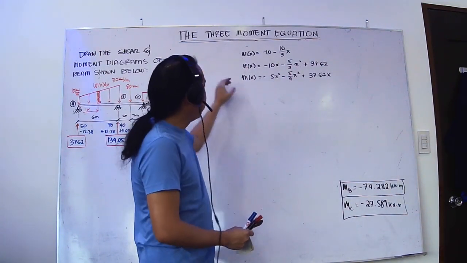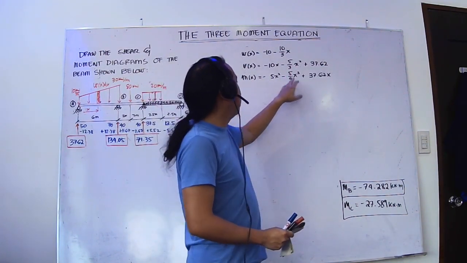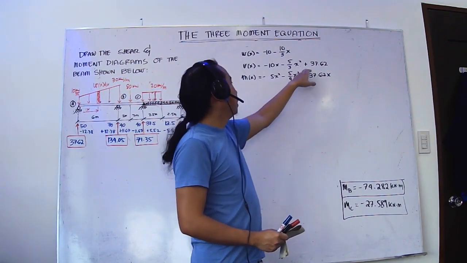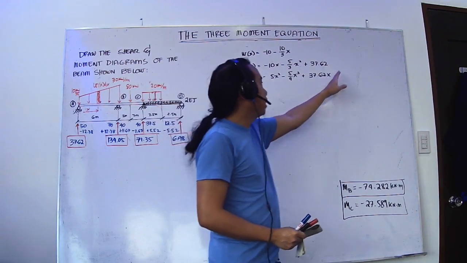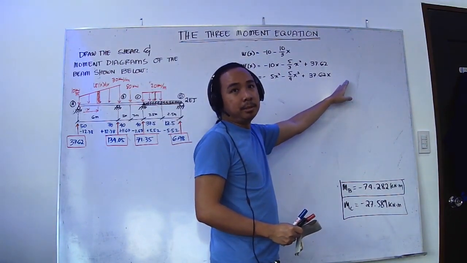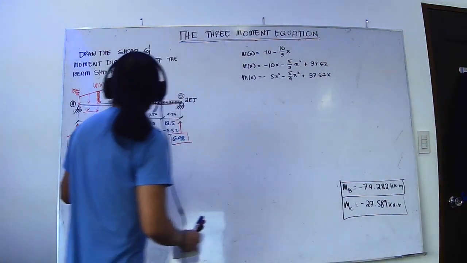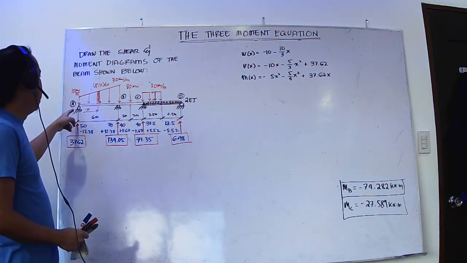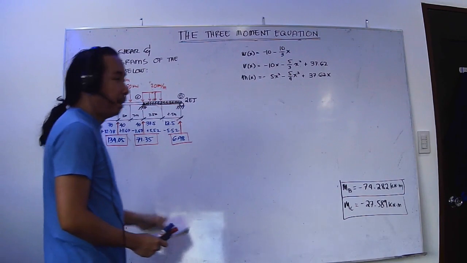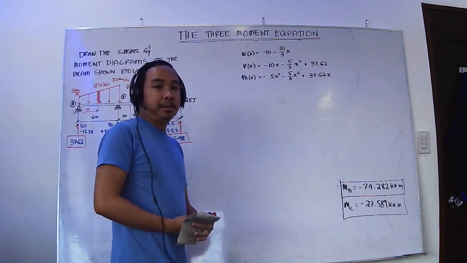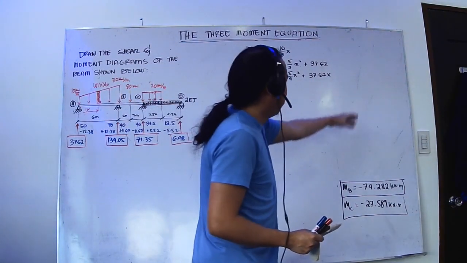We integrate this and we have 5x squared, 5 over 9, and x, plus C. It takes a lot of integration. But we have to know that the moment at the roller support is 0. So C is equal to 0.